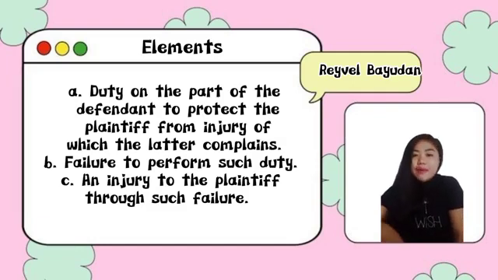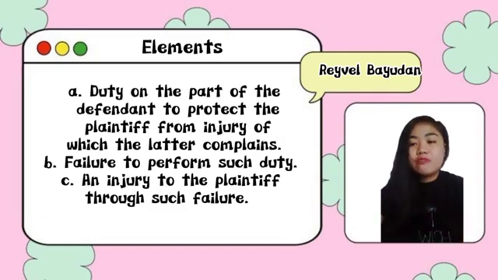So, next element is the failure to perform such duty. If there is a failure to perform such duty, and then there is an injury or pain of the other party, that is the third element, which is an injury to the plaintiff through such failure.